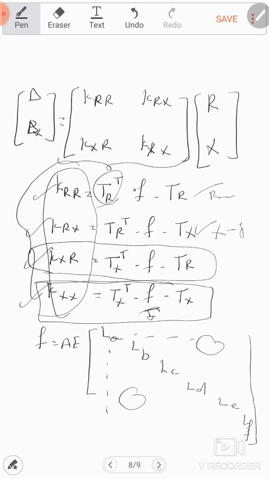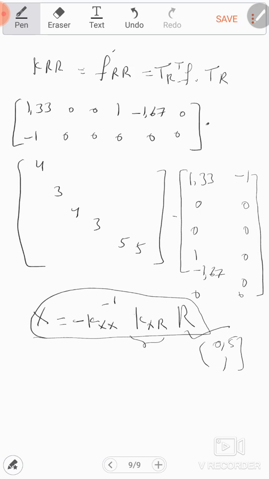Then substitute your values and you will get the value of x.